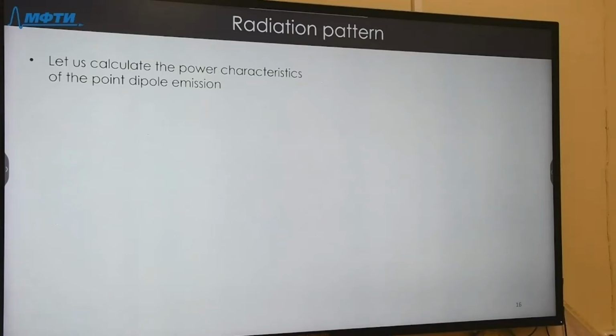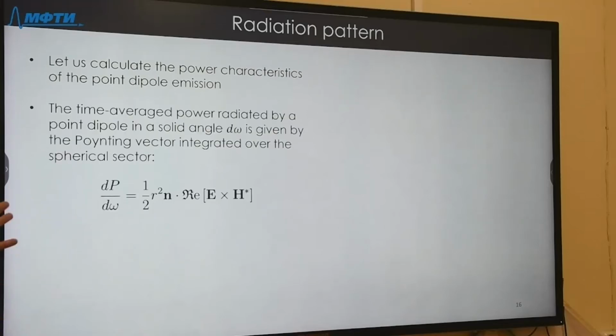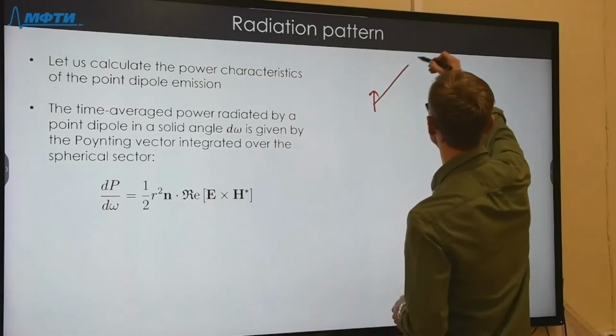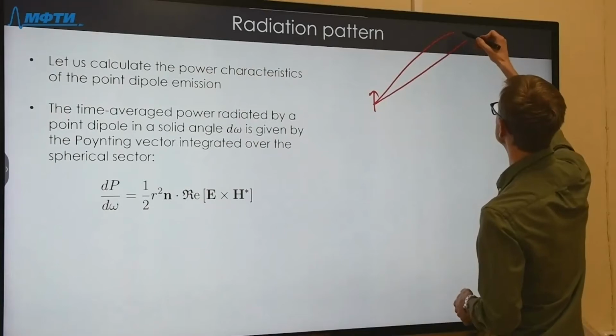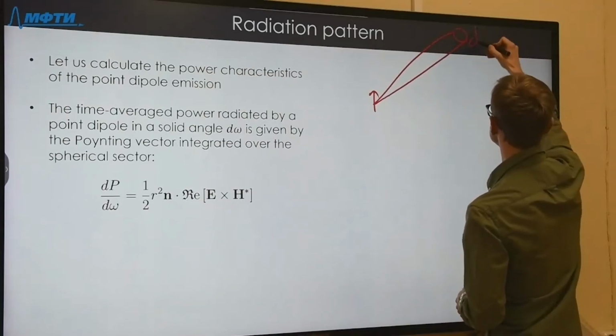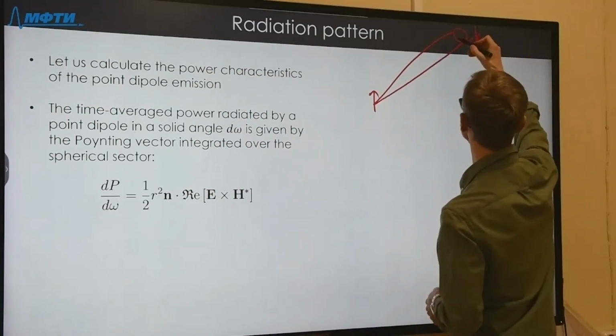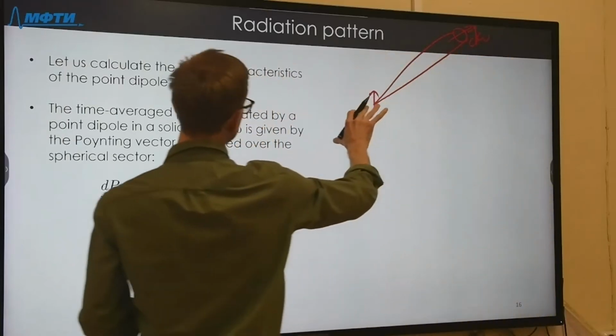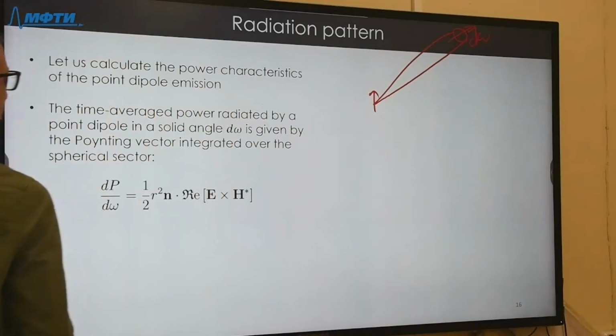So now let us look at the radiation pattern of a point dipole. To that end, let us calculate the power that the dipole emits in a narrow angular range. So let's say this is our dipole, and we go far away from the dipole, and we look in a narrow solid angle d omega, and we calculate the total energy flux carried by the electromagnetic field through that narrow angular segment.